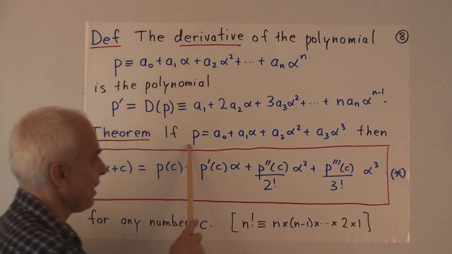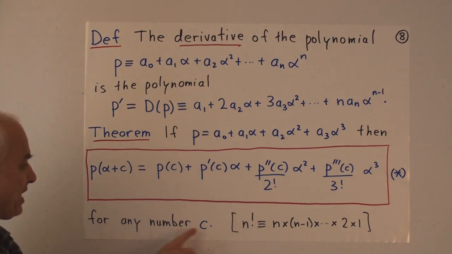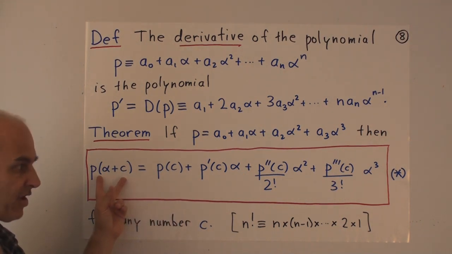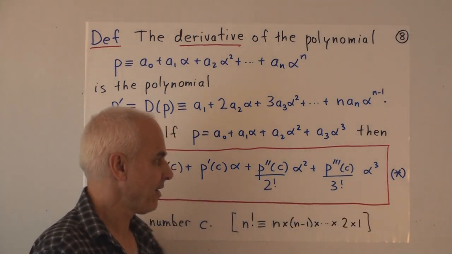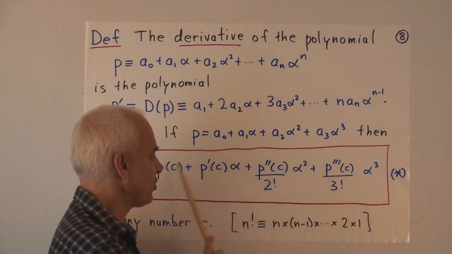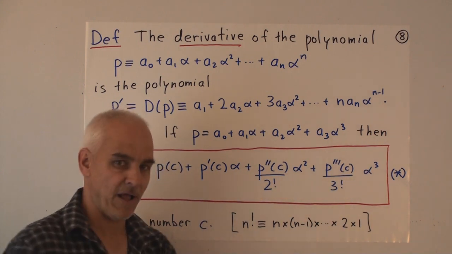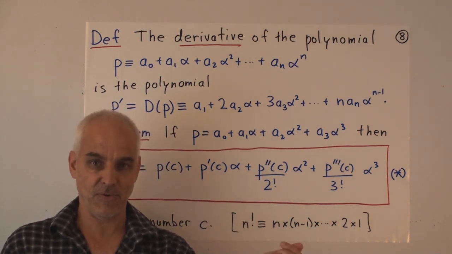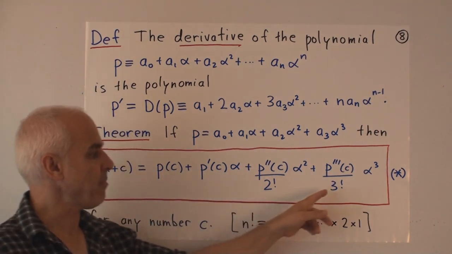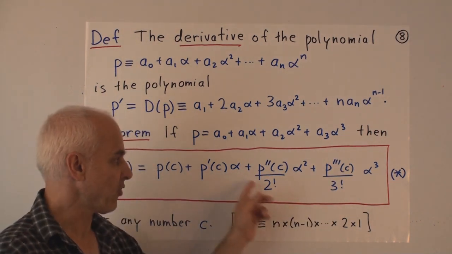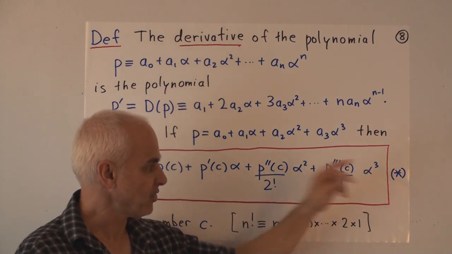So the theorem is that if this is the polynomial, then for any number c, we replace alpha with alpha plus c, we get this expression. A new polynomial whose coefficients are pretty well just the various derivatives of the original polynomial evaluated at c, suitably divided by factorials that increase in the same way as the degrees.